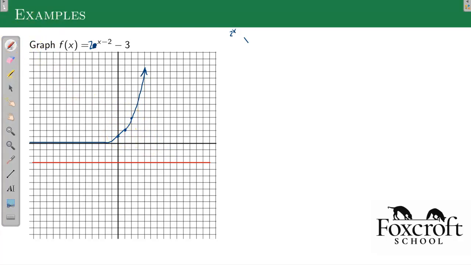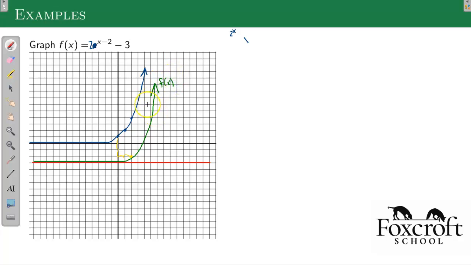The whole graph moves down 3 and then right 2, so now my graph starts there. My final answer looks something like this: flat to the left of that starting point, and then it turns up after that. This is my graph of f of x.